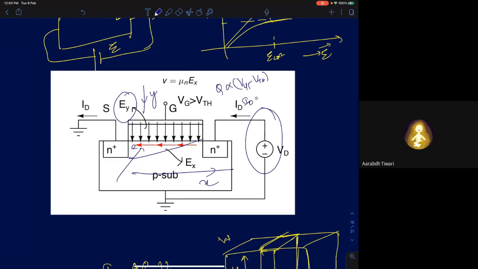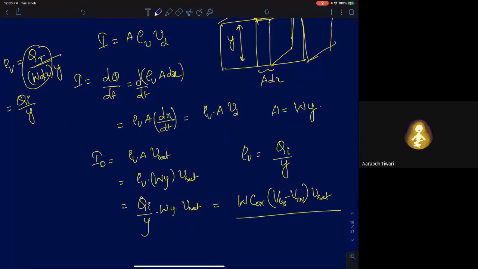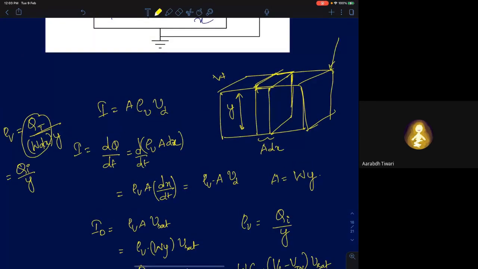I have given a very quick derivation for this drain current in case of short channel, when you have to include short channel effects. See this, I have assumed a small model for your surface charge region. Consider a small region dx and let A be the area of cross section. So this is the y axis.